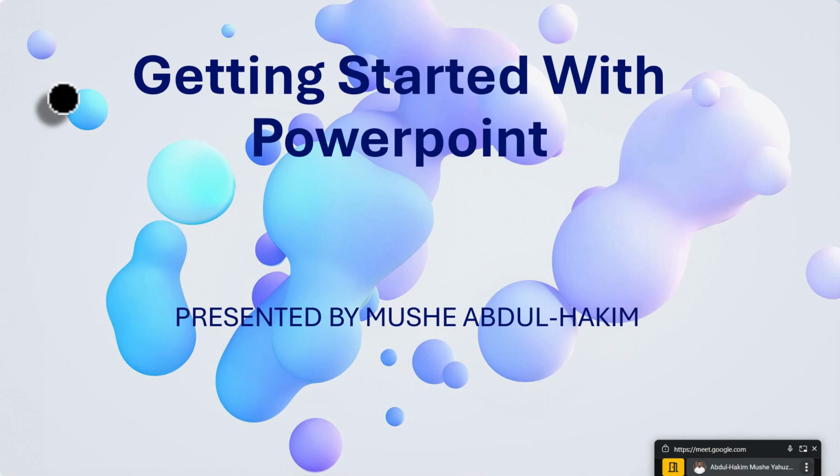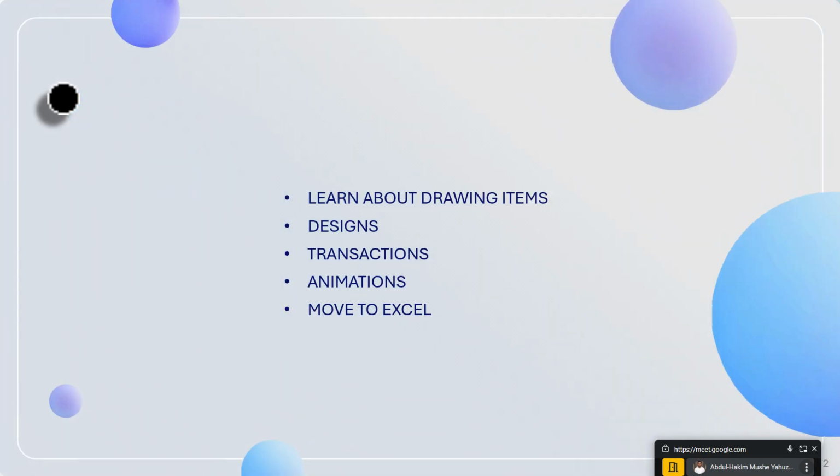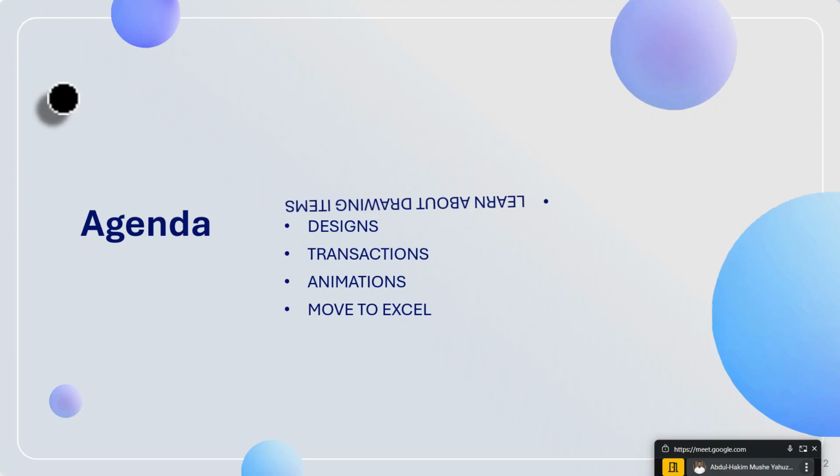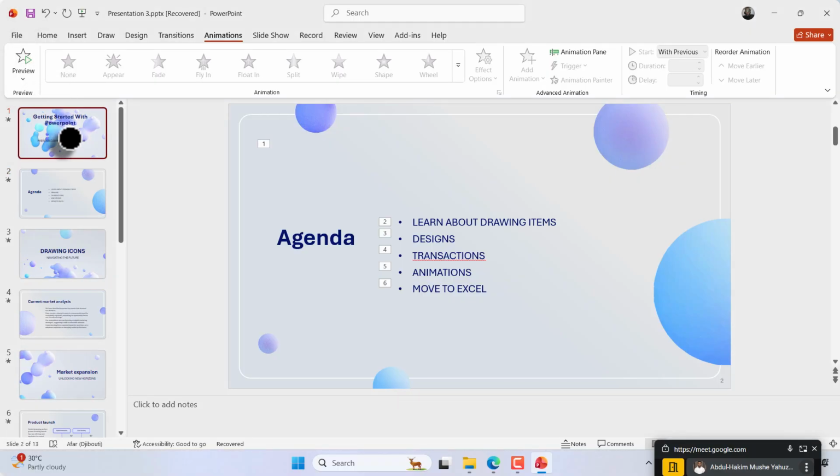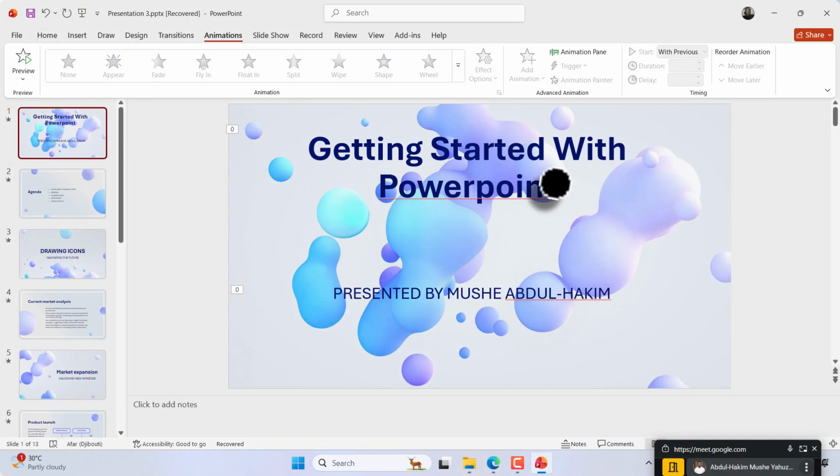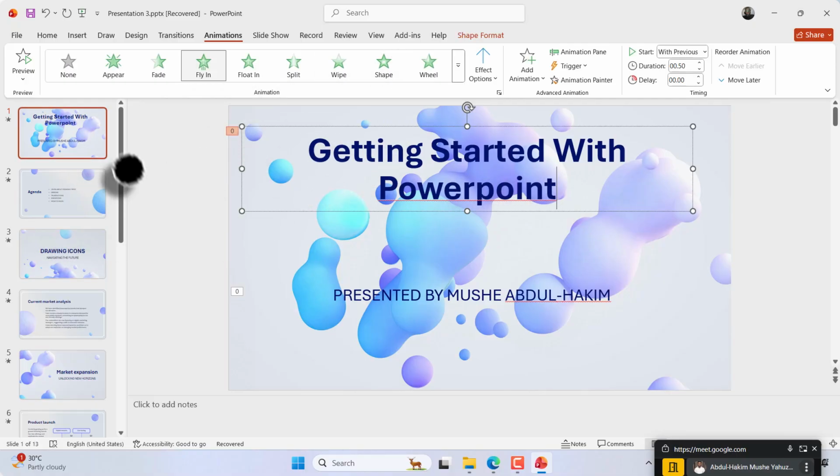Let's go. So are we seeing anything different? You observe that the animation has been applied with the previous slide, but this is our first slide, so we are not actually seeing anything useful. So we're going to leave this with on click.